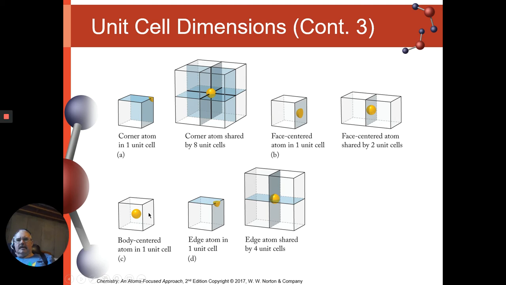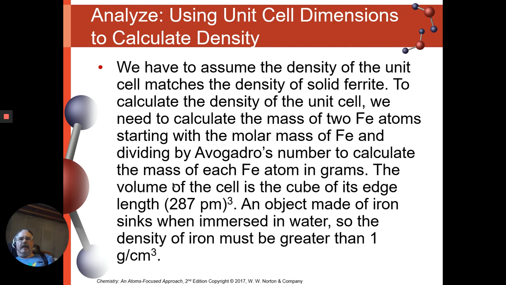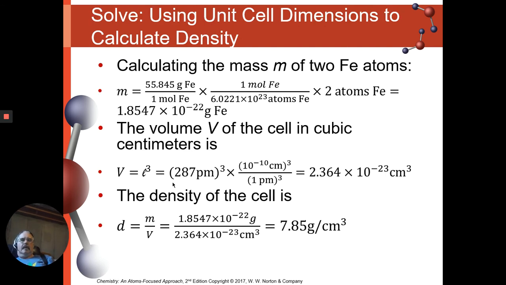Okay, so there are two iron atoms per unit cell. Okay, so we have 1/8 of an atom at each one of the corners times 8 corners, and then we have the atom at the center. Okay, so that's 2 iron atoms. That's where they get this. This is Avogadro's number. This is the molar mass, and this is how much the unit cell weighs in grams.